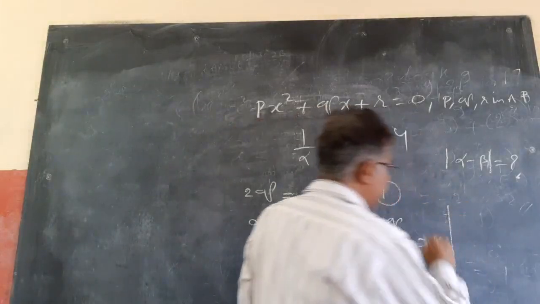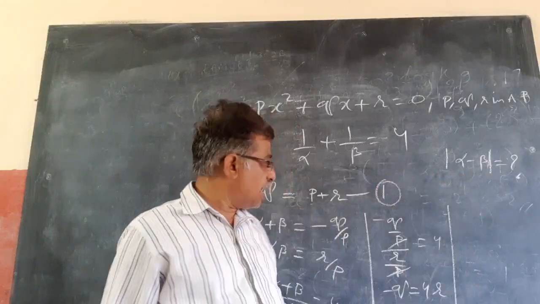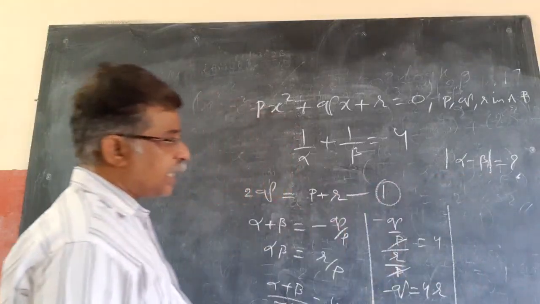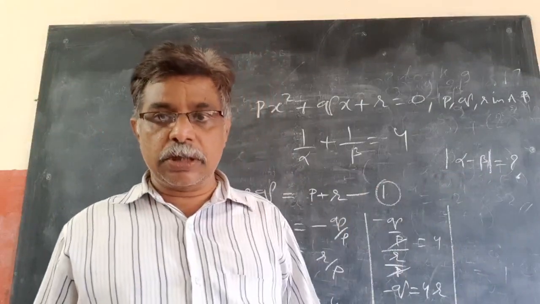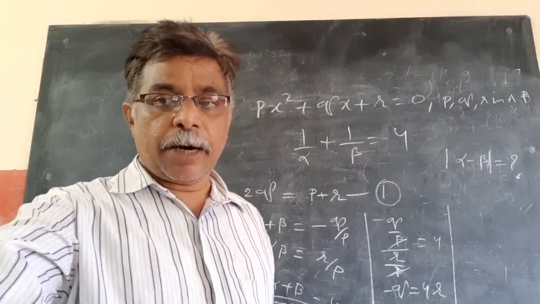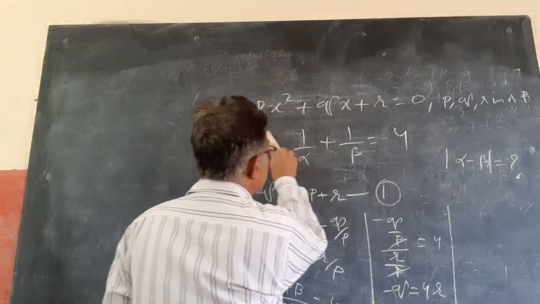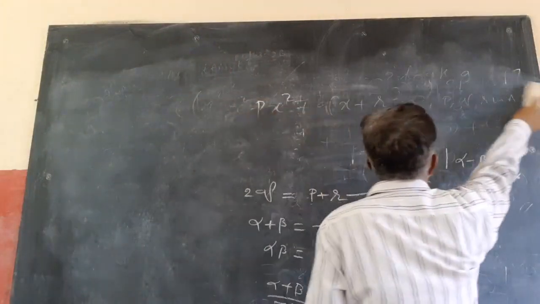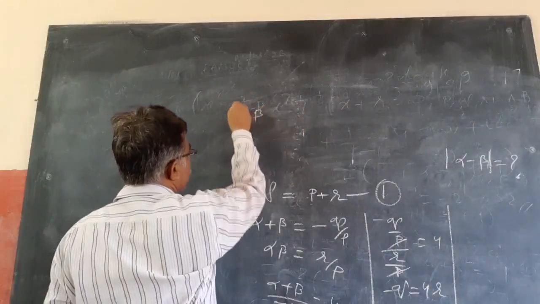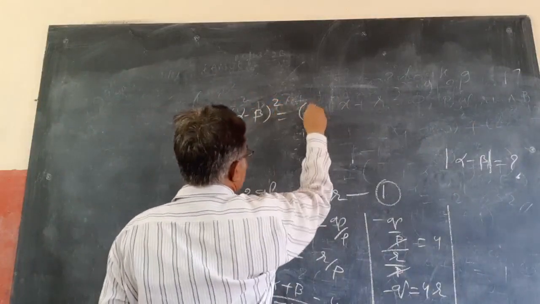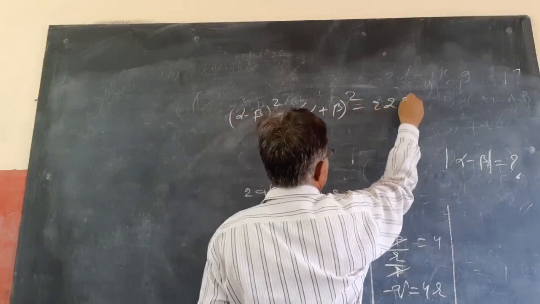Now coming to what he is asking, alpha minus beta. What is alpha minus beta? We know that modulus of alpha minus beta is the square root of alpha plus beta whole square minus 4 alpha beta. Now, how to find alpha minus beta whole square? Alpha minus beta whole square is alpha plus beta whole square minus 4 alpha beta.